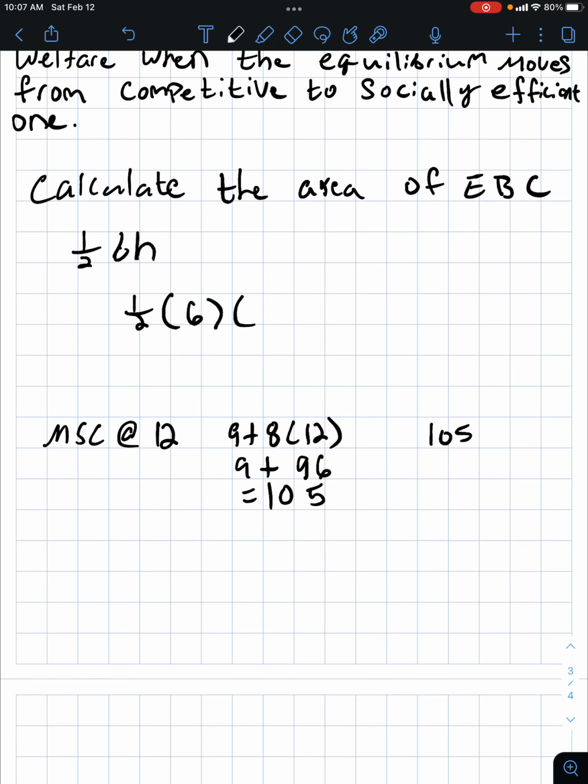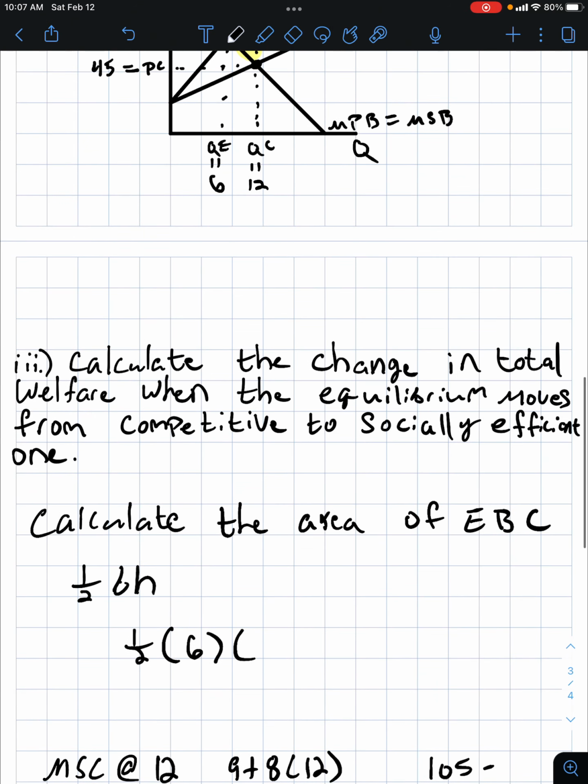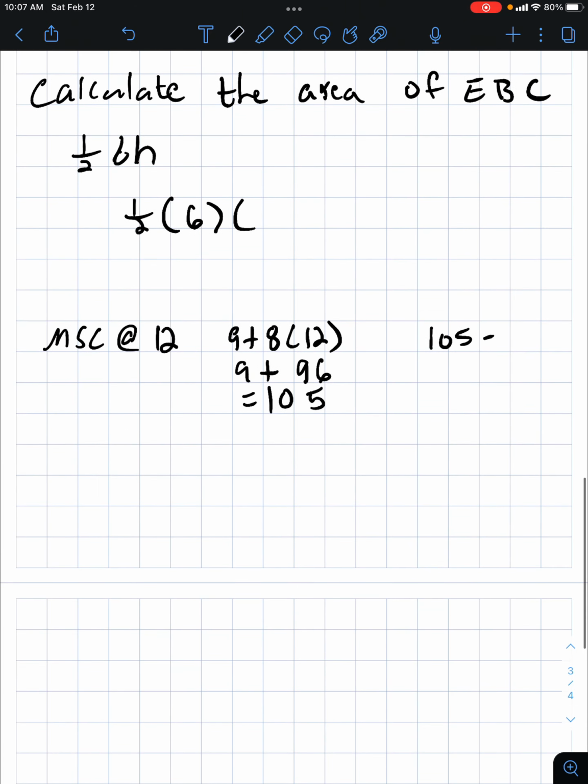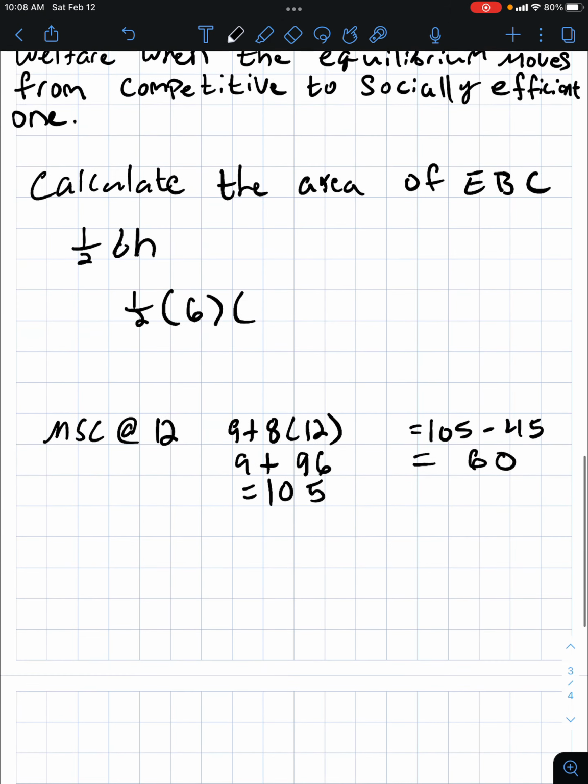So then we get 105 minus 45, which gives us 60.